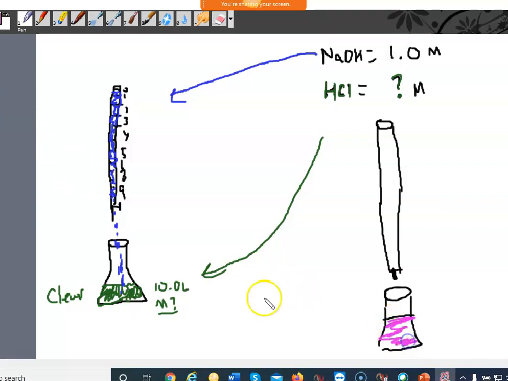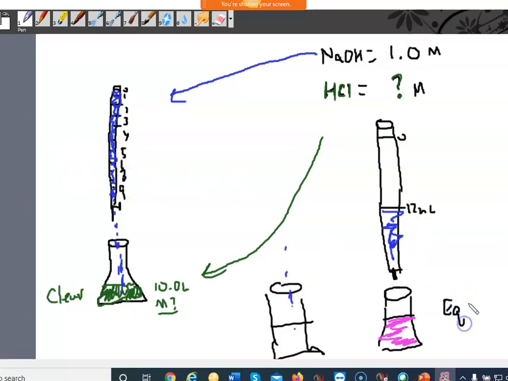So it starts out clear, and then I drip in my sodium hydroxide, and at a certain point, it's going to turn that very, very faint pink. And I drip it in very slowly. Let's say that was at 12 milliliters. It took 12 milliliters of the sodium hydroxide to hit the equivalence point. So I'm now at the equivalence point.